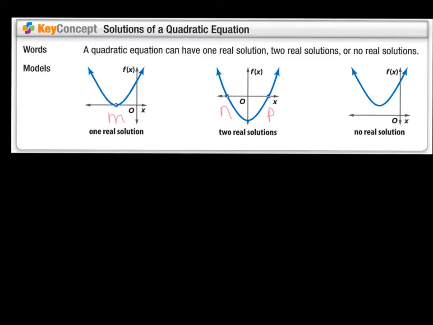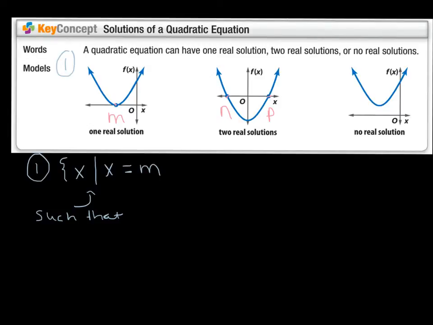So for my first graph, this one right here, my solution is an x such that, that line straight down means such that, x equals m.